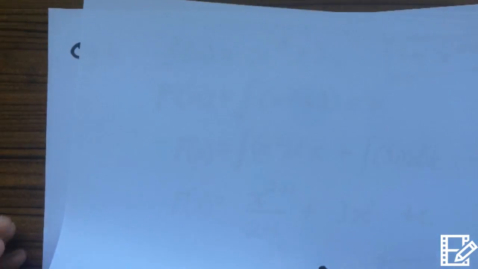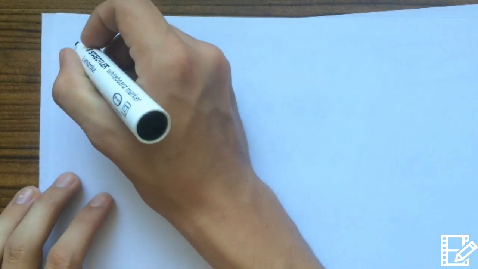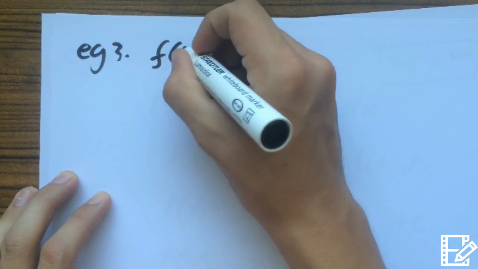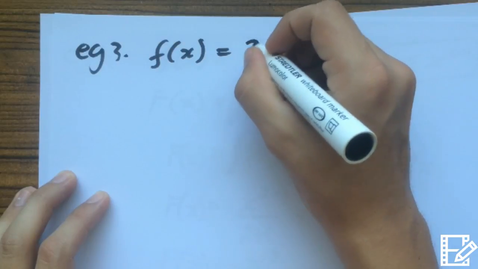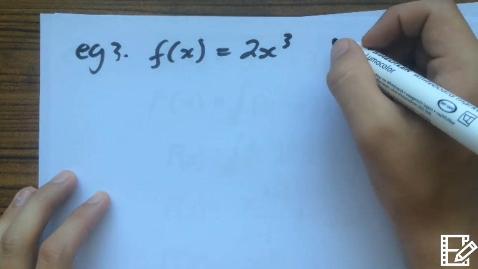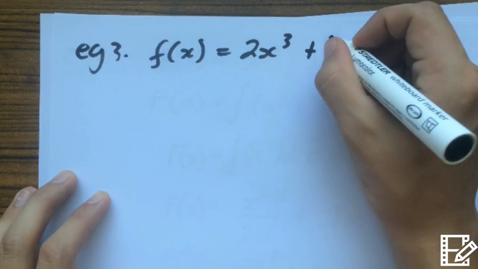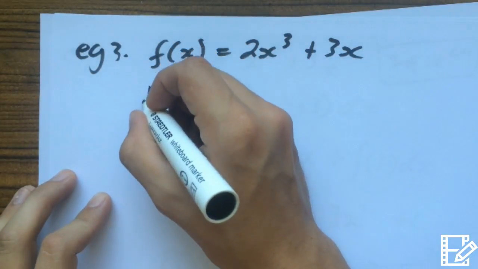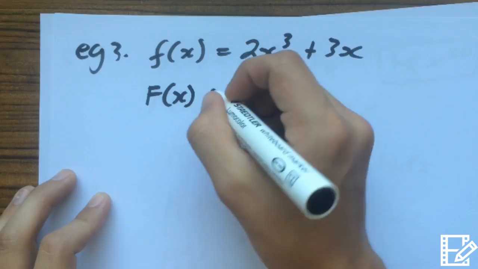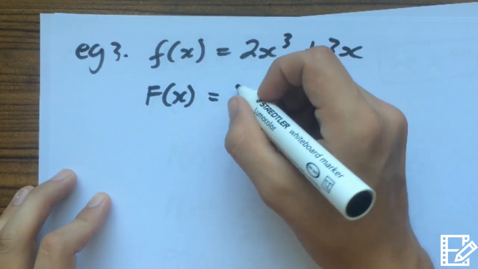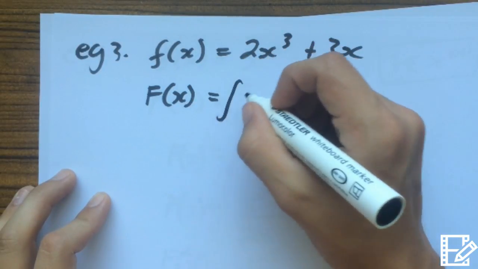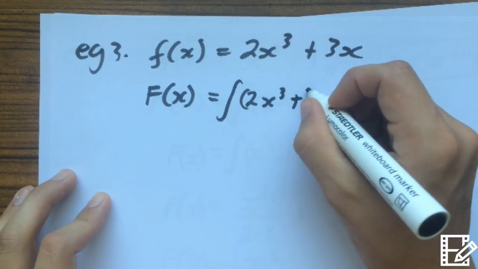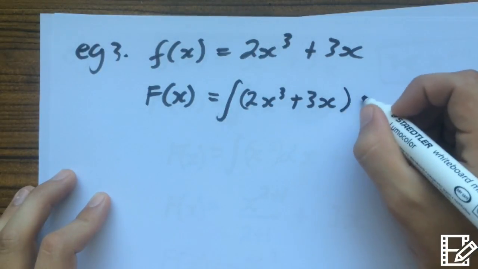Okay. So if we do another example, one final example. So we have a function 2x to the power of 3 plus 3x. Integrate one side, we get capital F. We integrate the other side, 2x to the power of 3 plus 3x dx.